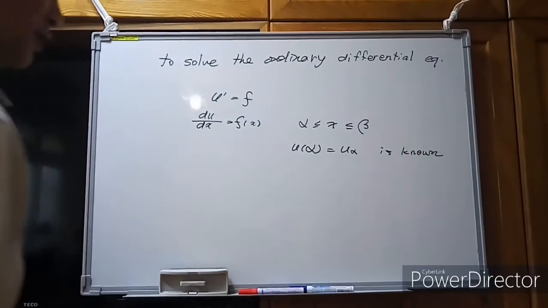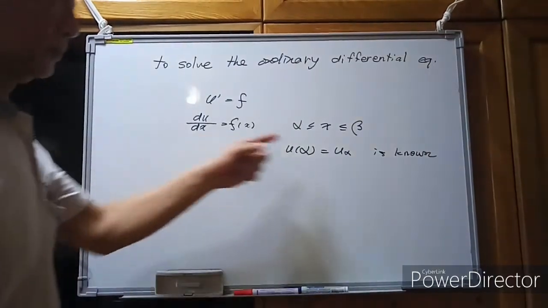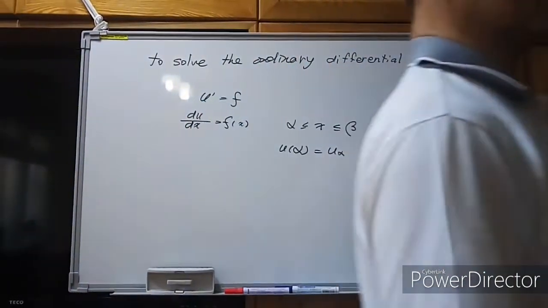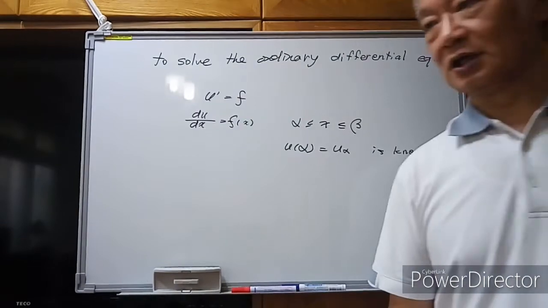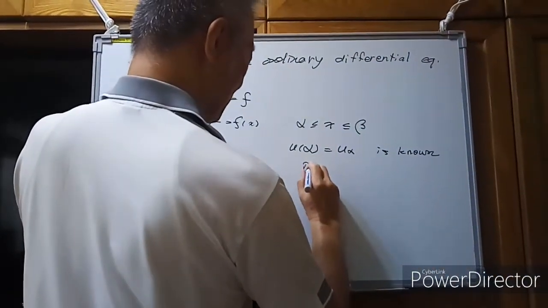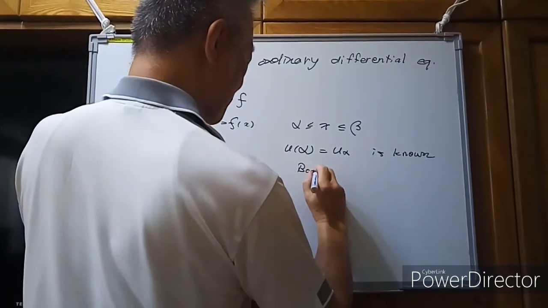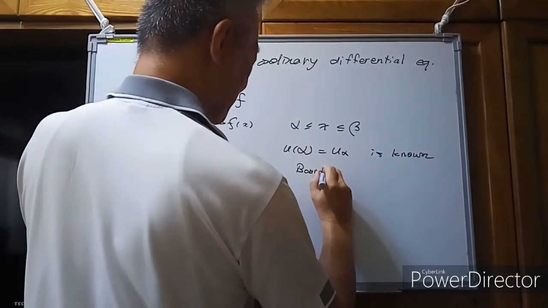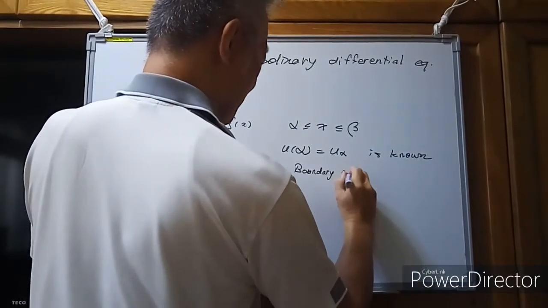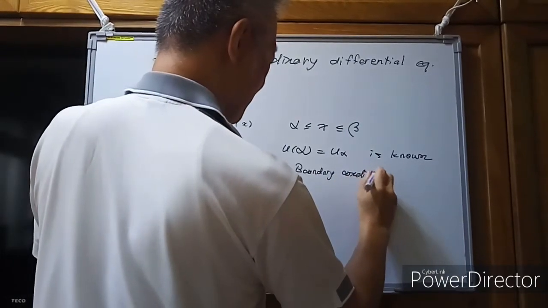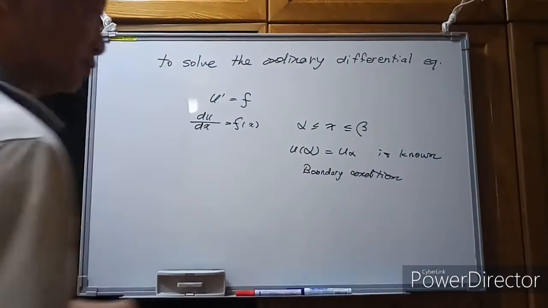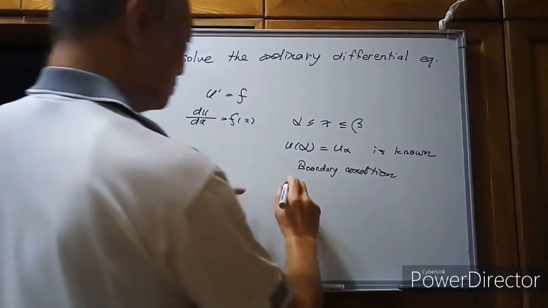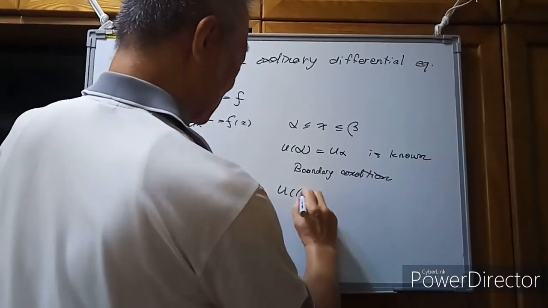Sometimes we know the solution at the beginning, and for this type of problem, it is the boundary condition problem. Sometimes we know u of beta.